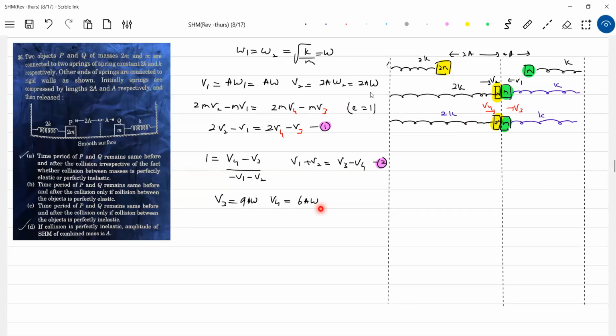What about inelastic collision? Get velocity A omega. If the inelastic collision, so we'll put it 2mv2 minus mv1.